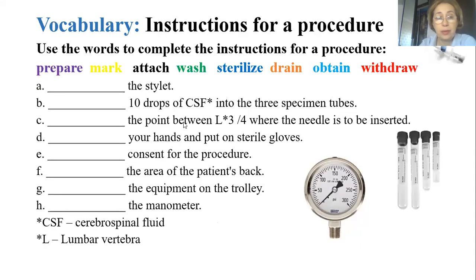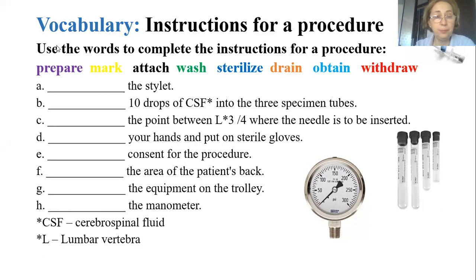And if we move to the next slide, we can see here some instructions for a procedure. Mohammed Ali is joining us. Okay. Well, so here in this task, we should complete the steps that describe a procedure, and you can see that we should use some words.